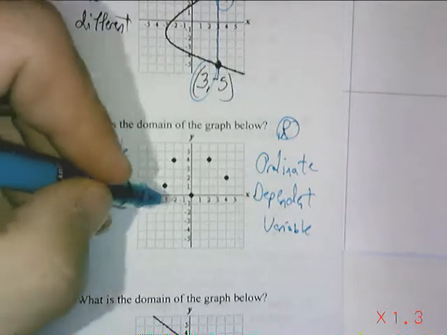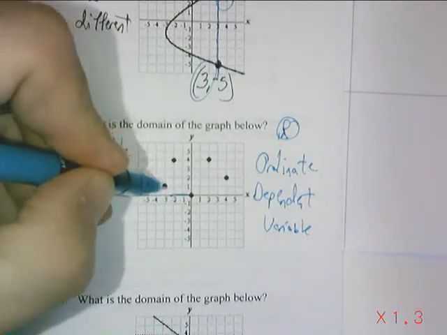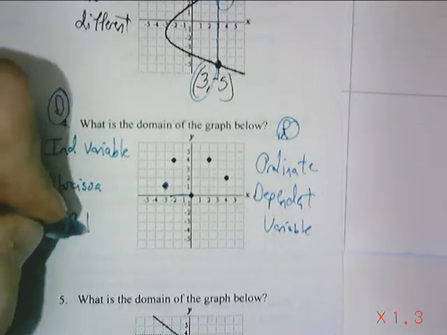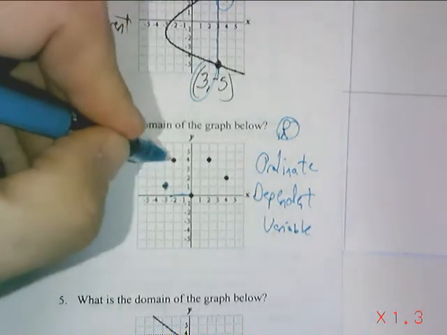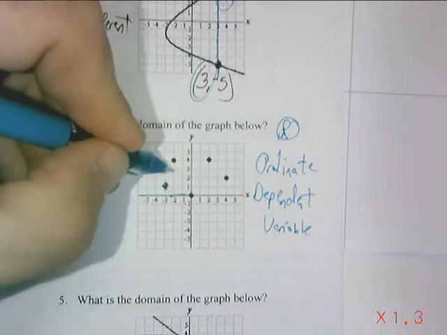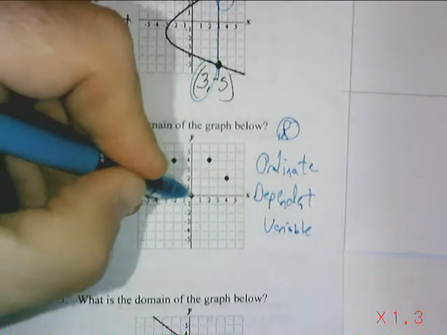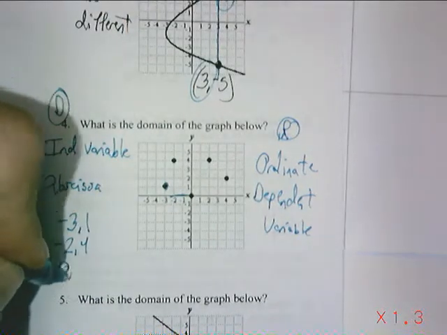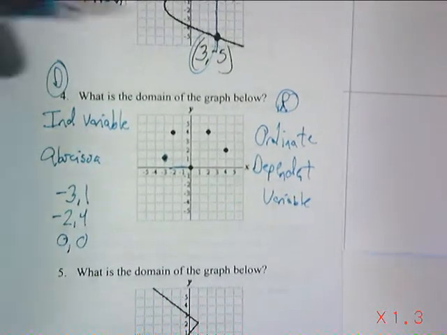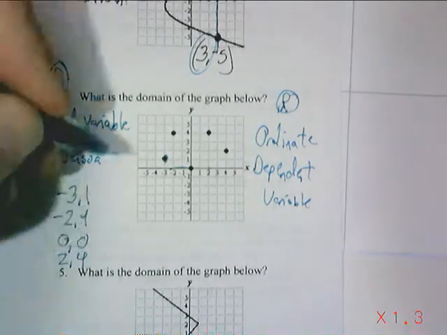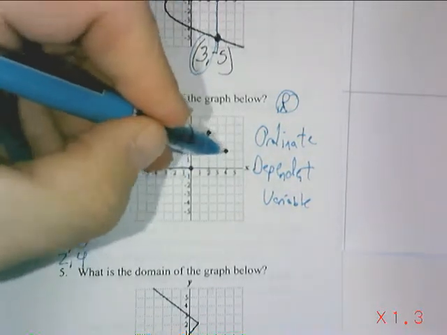I like to write each ordered pair. This first ordered pair is -3 and 1. This second ordered pair right here is -2 and 4. My third ordered pair is right here, it's 0, 0. My fourth ordered pair is 2 and 4. And my fifth ordered pair is 4 and 2.